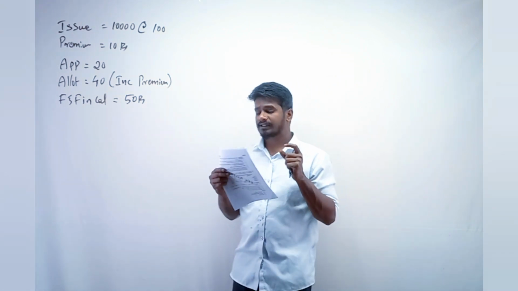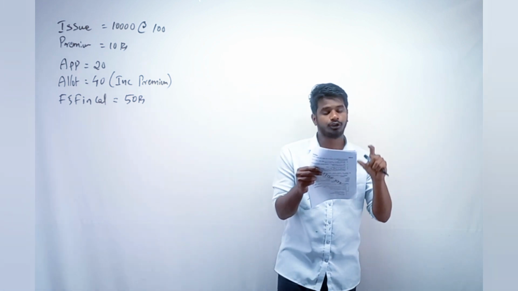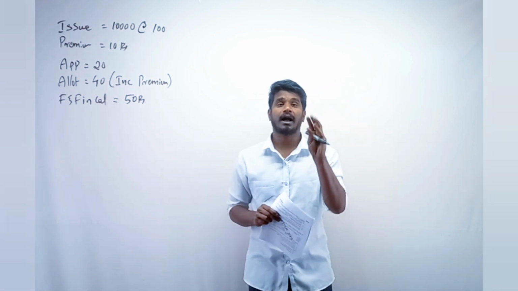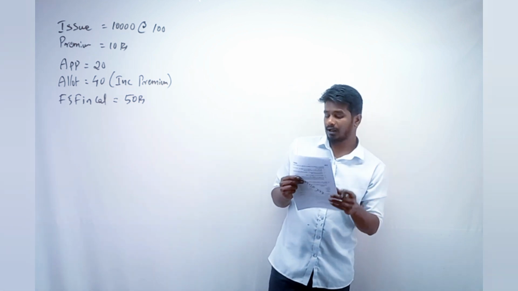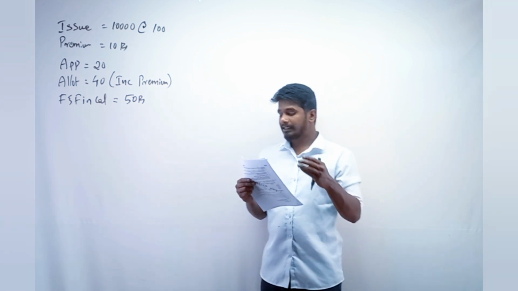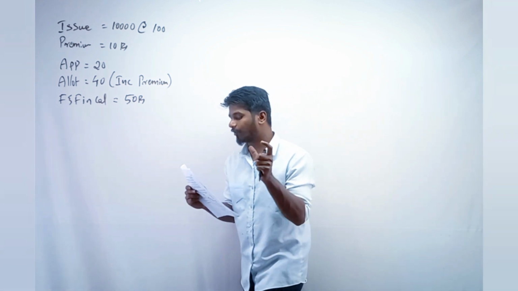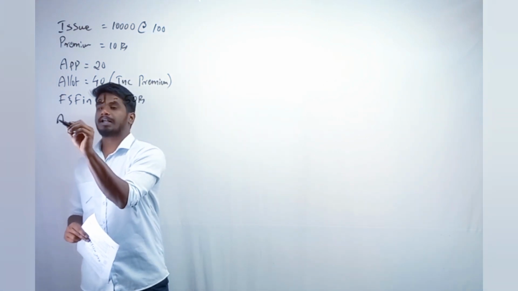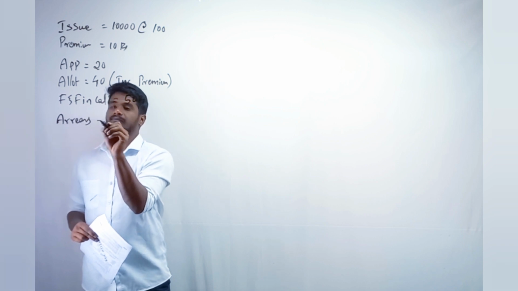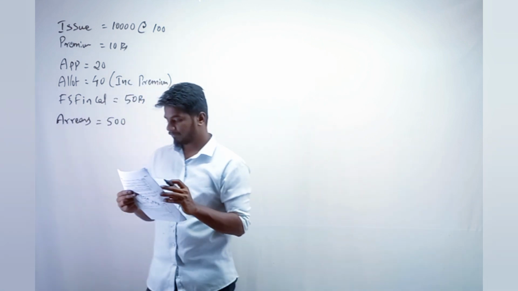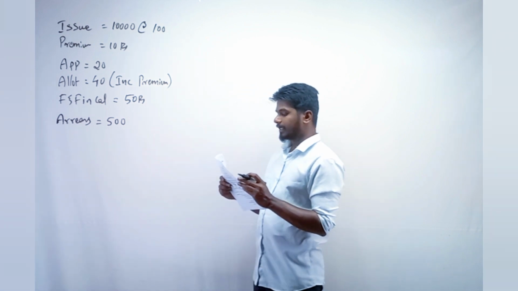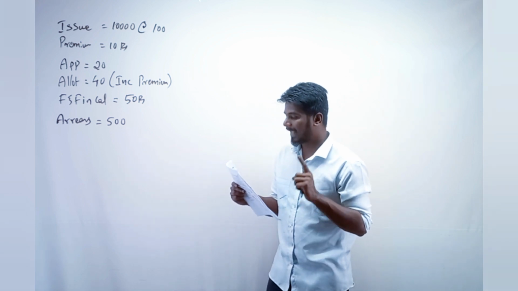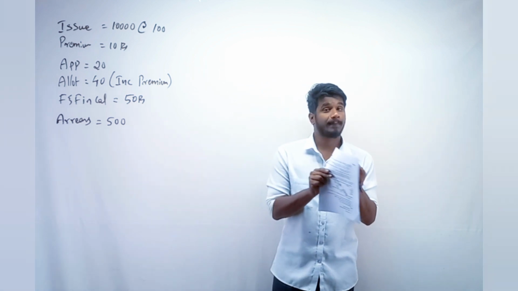All the shares were subscribed and the money duly received except the first and final call on 500 shares. So they didn't receive money for 500 shares on first and final call. That is, let us write it as arrears, 500 shares, correct. And the directors forfeited their shares and reissued them as fully paid at 80 per share.